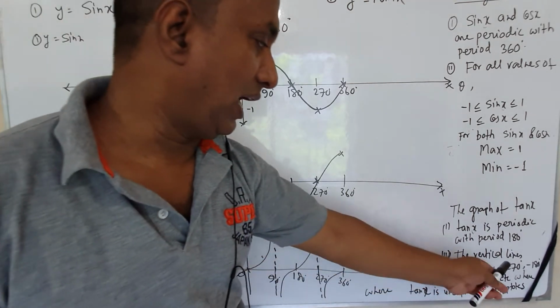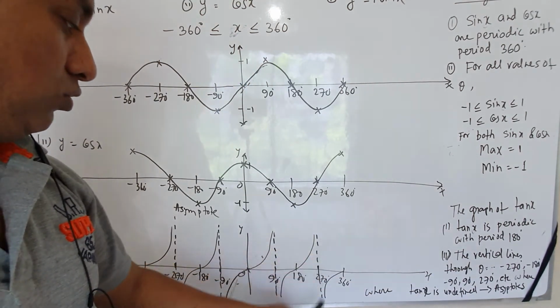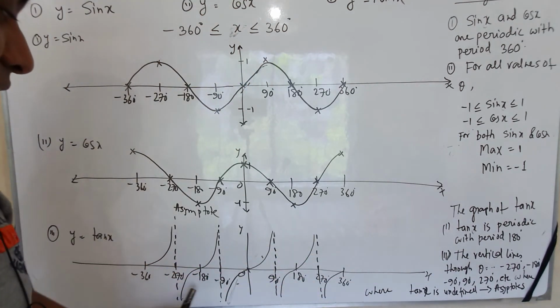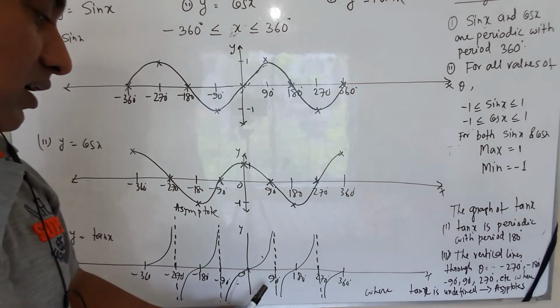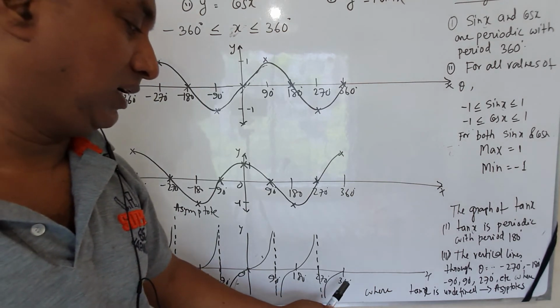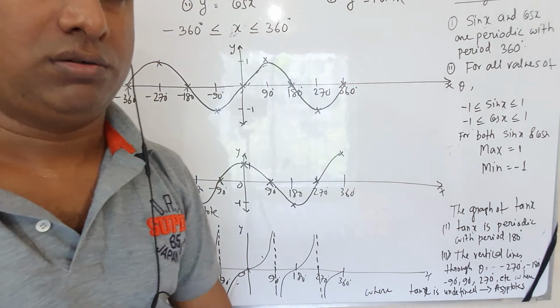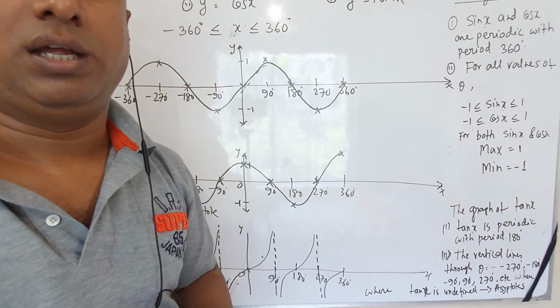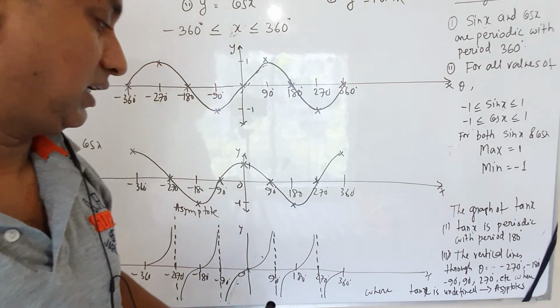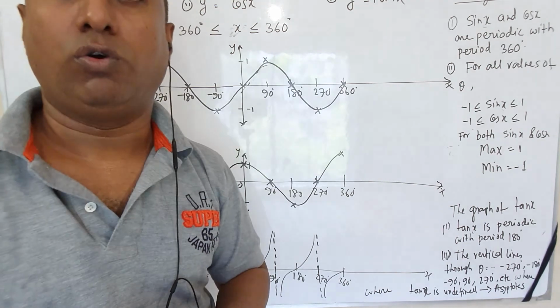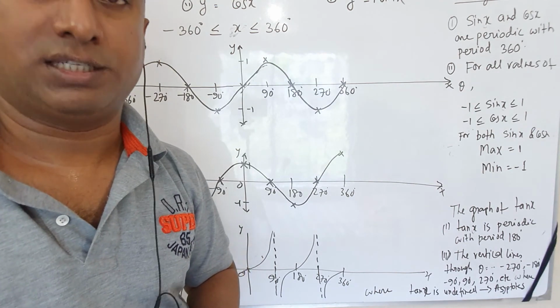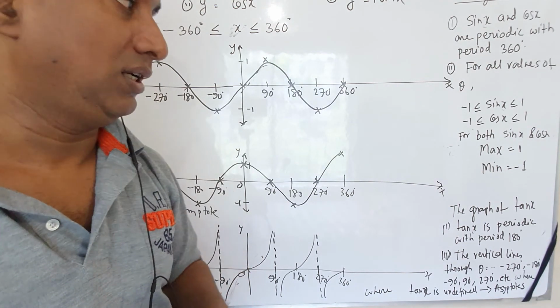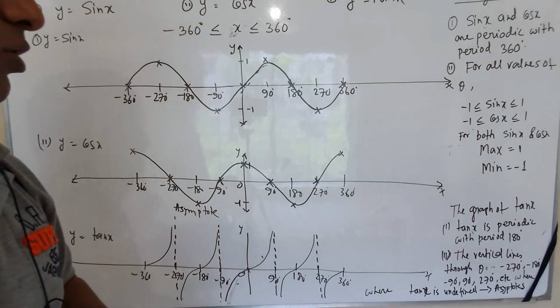So the vertical lines through theta equals minus 270, minus 90, 90, 270, these are called asymptotes, and the graph will go near the asymptote all the time. It will never ever meet the asymptote, but it will be near to it.